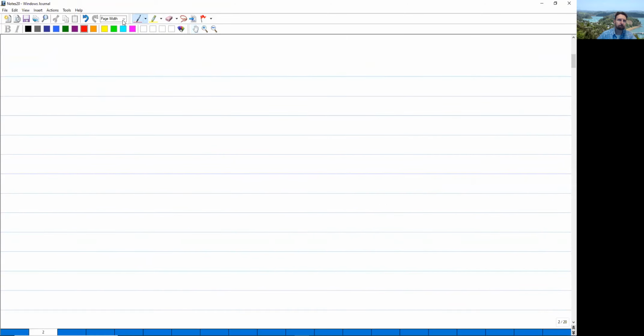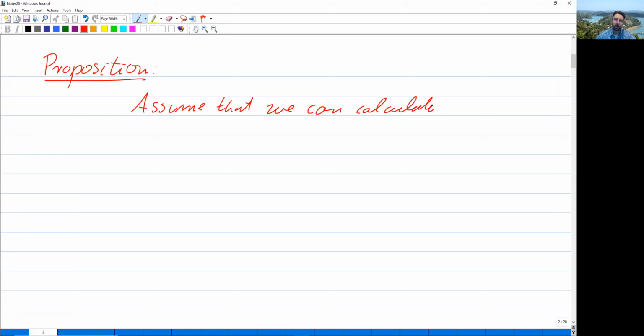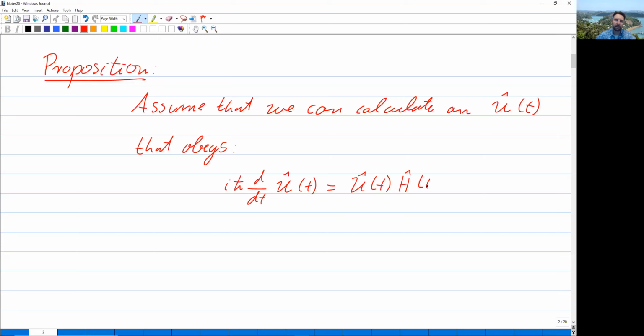Now here's the proposition. Assume that we can calculate a function u hat of t, which will be an operator-valued function of time that obeys the following equation of motion, namely i h bar d by dt of u hat of t equal to u hat of t h hat of t.